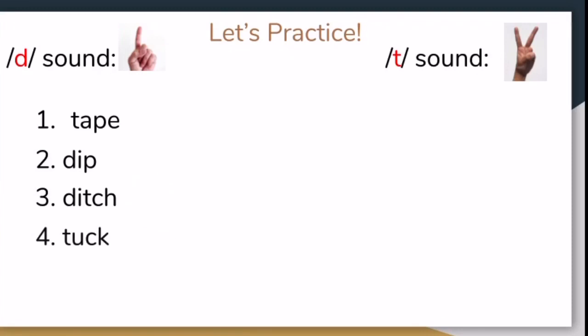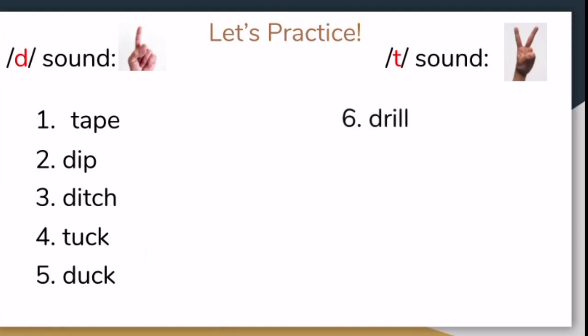Tuck. Are you holding up a 1 or a 2? If you have a 2, you're correct. Duck. Are you holding up a 1 or a 2? If you have a 1, you're correct.